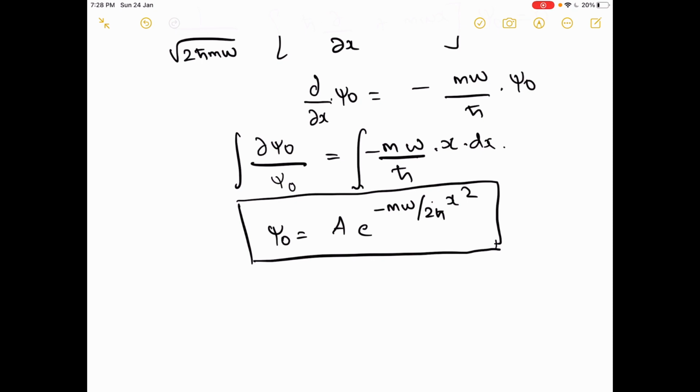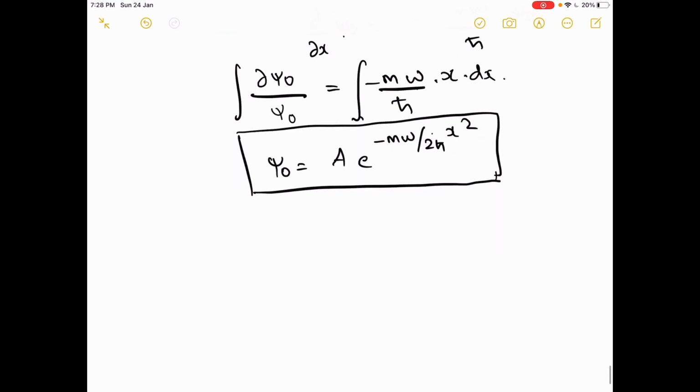I found this to be the easiest, but of course there can be other ways to do this as well. If this is the ground state, it has to be normalized to find A. So if you do the integral of psi naught star psi dx equal to 1, we can prove that A square will turn out to be root m omega by pi h bar, right?